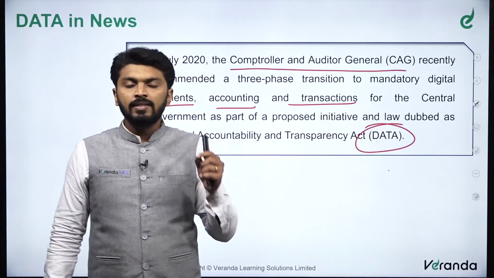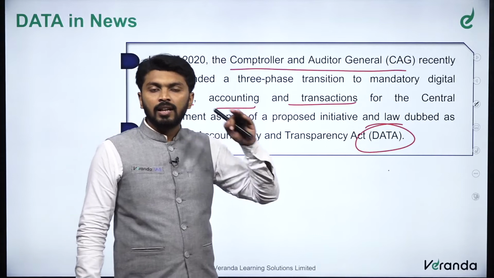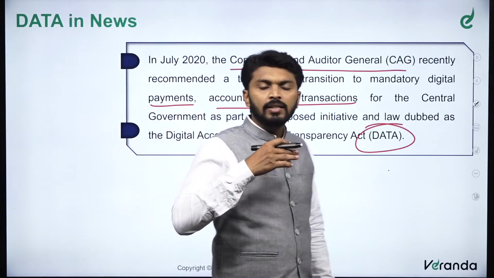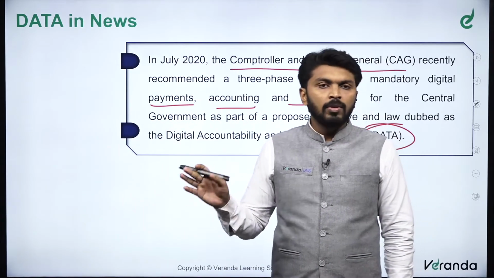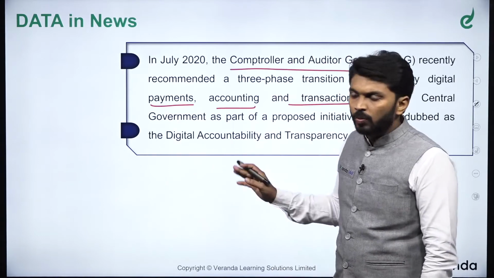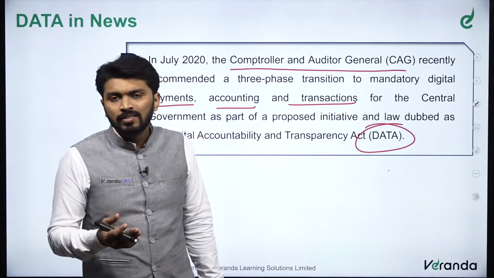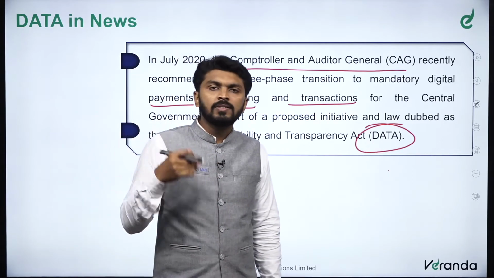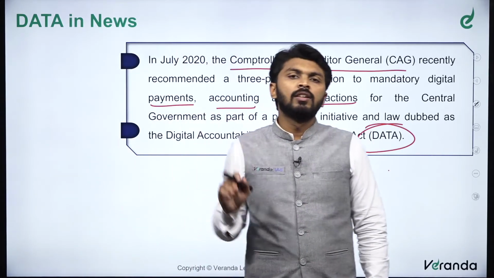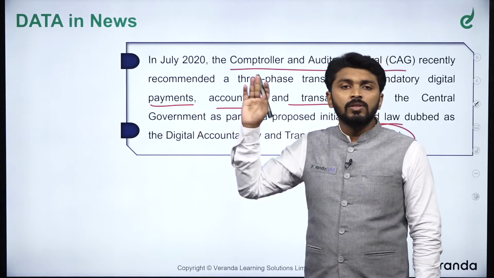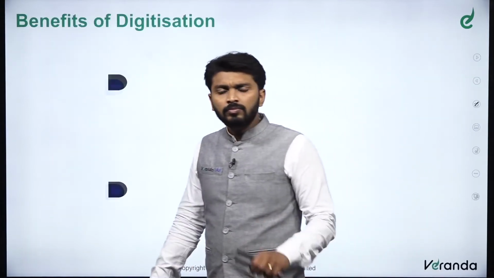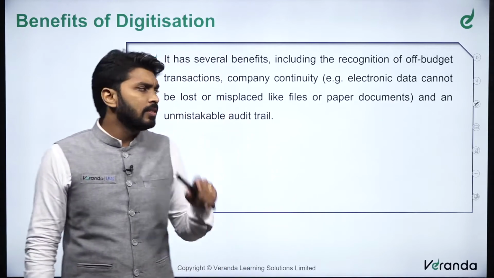So basically CAG recommended a three-phase transition to complete digitization of all the payments and record keeping of the Union government. Since CAG is an auditor, he audits the expenditure and income of the Union government. So he is the apt person. So CAG recommended so.